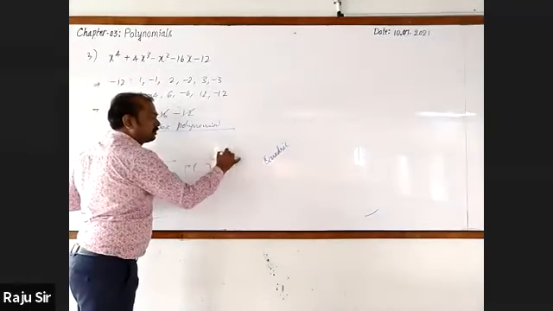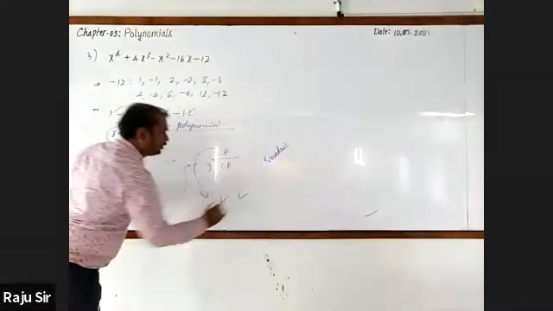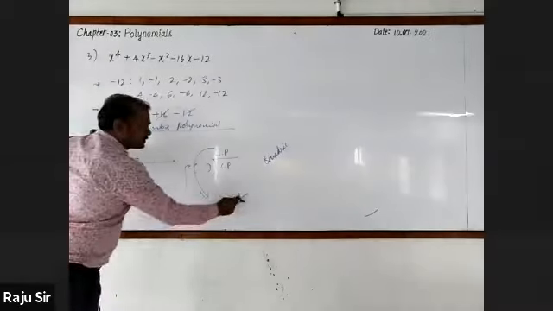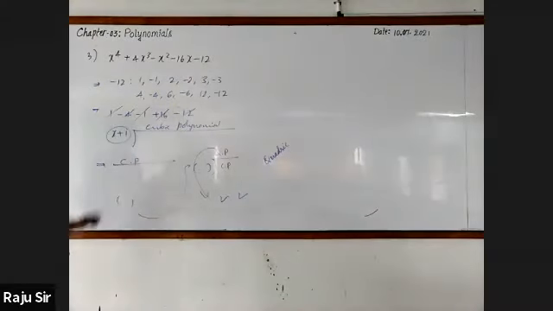You get a quadratic polynomial. Factorize this quadratic polynomial and you will get two factors. So this is the first factor, the second factor, and these two are the third and fourth. Total 4 factors.